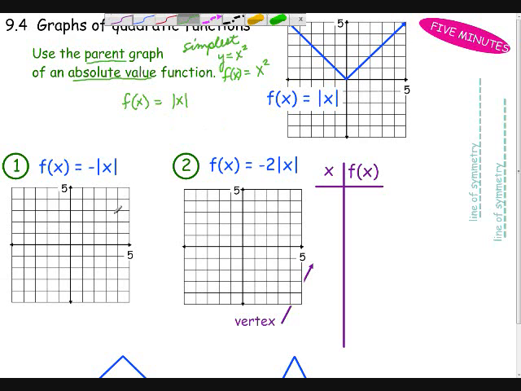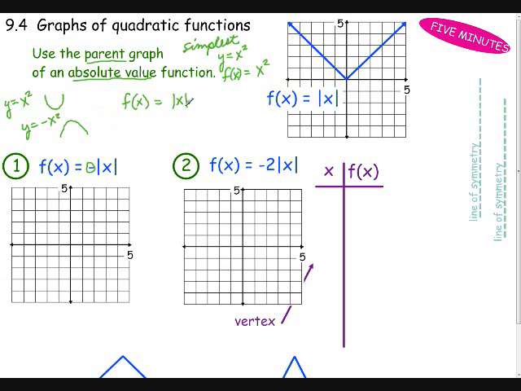Okay, so what would this one look like? And please notice we have a negative here. What does that do? I'm going to go back to the parabola because I assume that is the one we are most familiar with. If I had y equals negative x squared, that graph would open downward, wouldn't it?